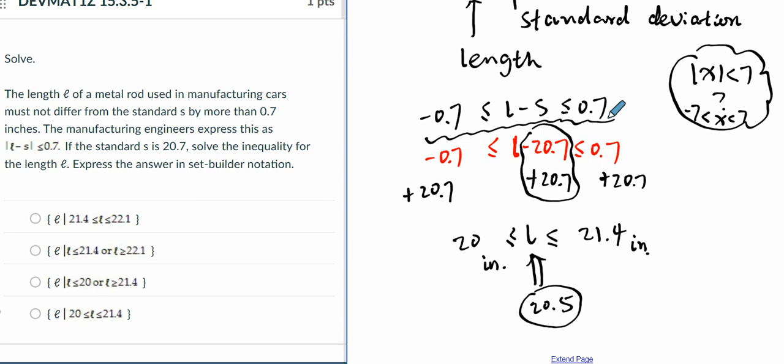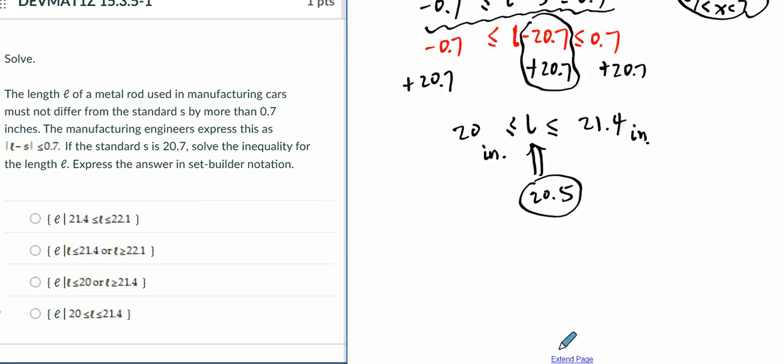Okay? So, what is our answer right here? Using the set notation, curly brace, L stands for the representative element. Vertical line to separate it. And then the description is: L is between 20 and 21.4.